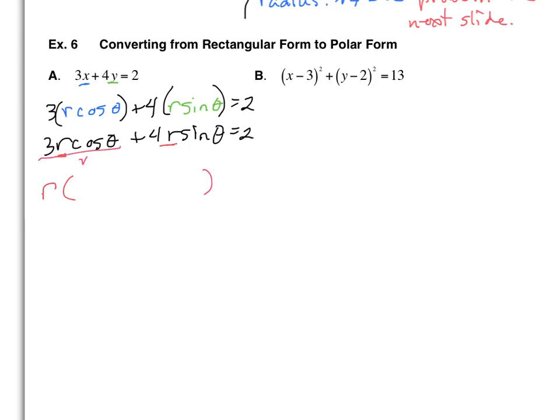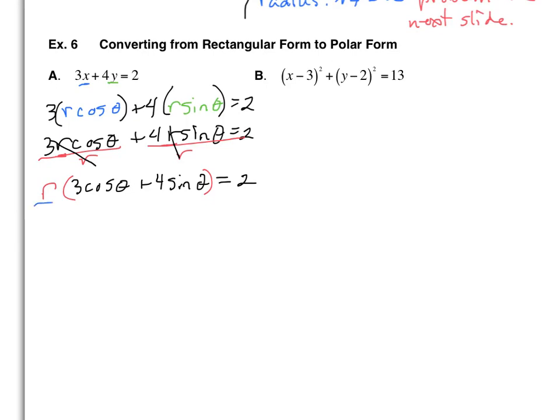So this whole thing gets divided by r, and this whole thing gets divided by r. Well, not the 2. And because the r's cancel, we're left with 3 cosine of theta plus 4 sine of theta equals 2. So if I'm solving for r, how do I get r by itself?